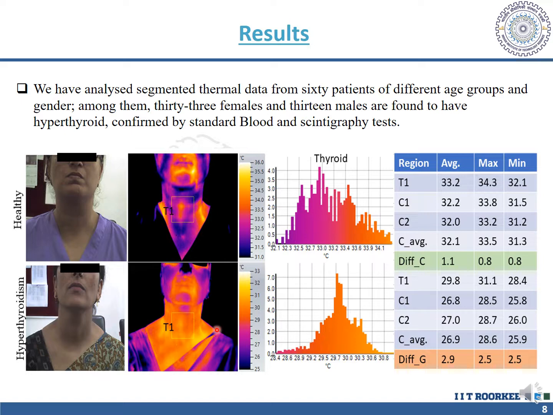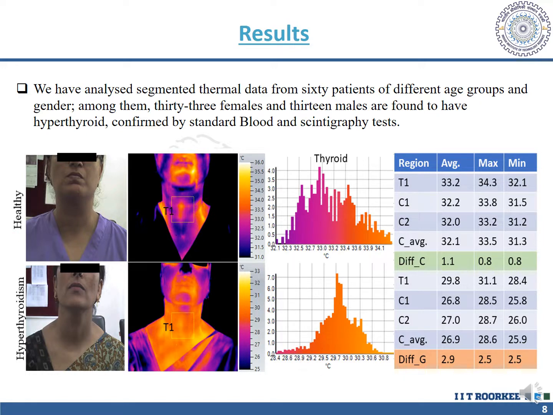So we found that the difference parameters, difference C and difference G, are higher for the person with hyperthyroid. But these values are less for the person who is healthy. Like here, this difference G is high if the patient has hyperthyroid, or these values are less if the person is in the healthy category.